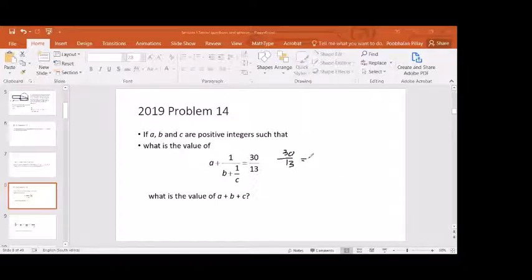Now you write this as a mixed fraction. 13 goes into 30 two times, 26, and remainder 4. So it's 2 and 4/13, but I'm going to write that as 2 plus 4/13. Now can you see? I got my a here now. a equals 2.